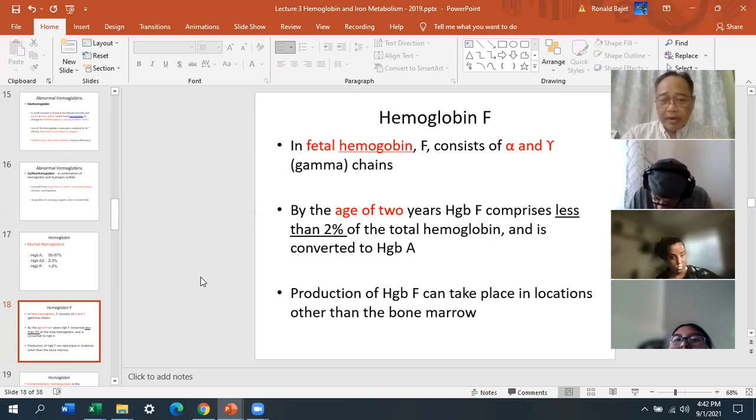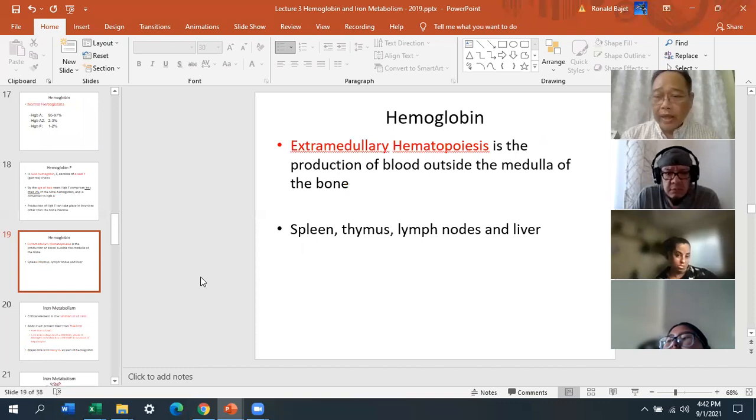The production of hemoglobin F normally takes place in areas other than the bone marrow. In those locations outside of the bone marrow, there's a specific term. Do you know what that is? Anybody know? It's called extramedullary hematopoiesis.